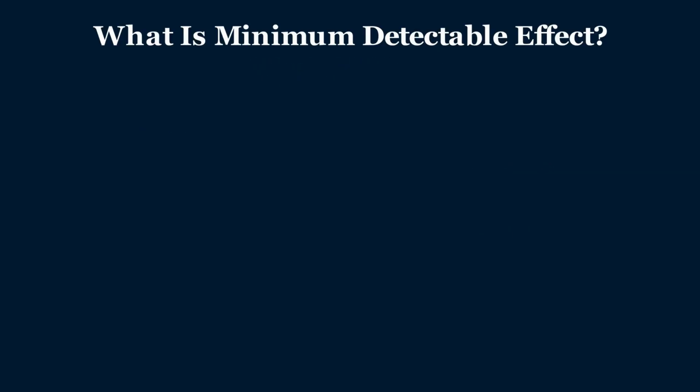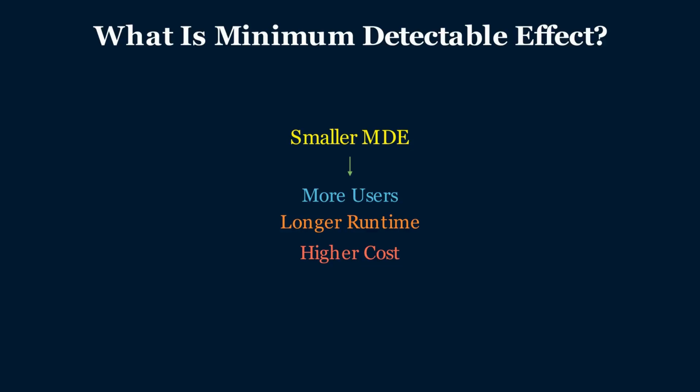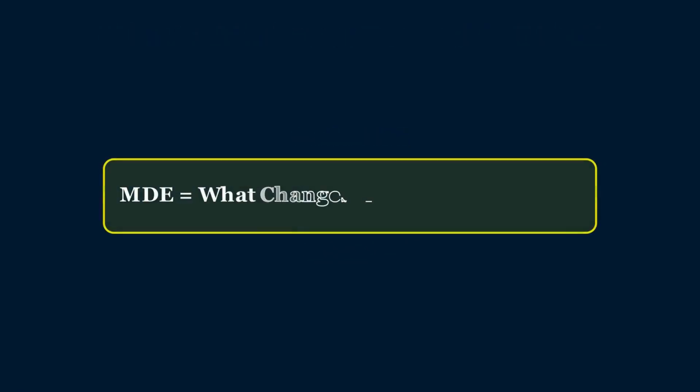The smaller the effect you want to detect, the more users you need, the longer experiments must run, and the more expensive experimentation becomes. So, MDE is not asking what changes are possible. It is asking what changes are worth detecting. And that is not just a statistical decision, it is a business decision.